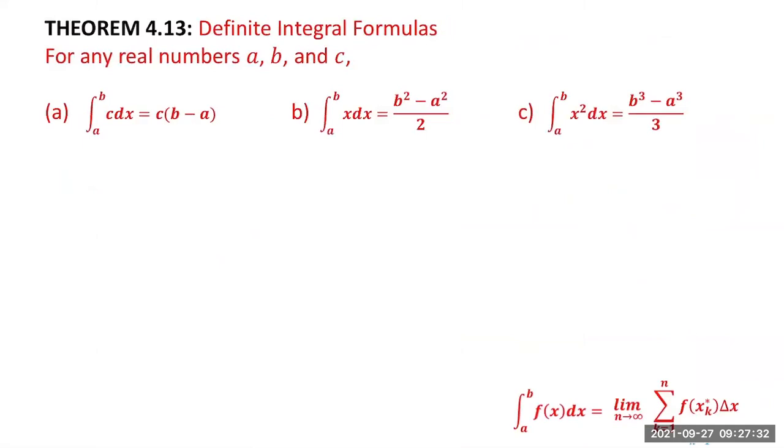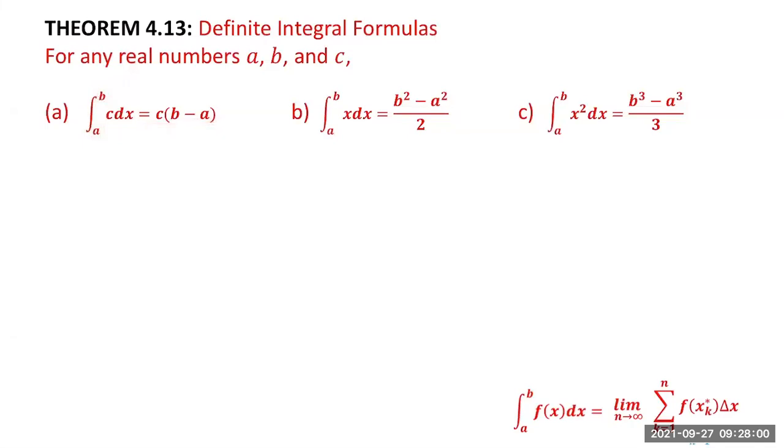Next, we have this particular theorem. This is a very important theorem in this section. Theorem 4.13, definite integral formulas. For any real numbers a, b, and c, we have these formulas. Part A, the definite integral of c, where c is a constant, from a to b is equal to c times b minus a.